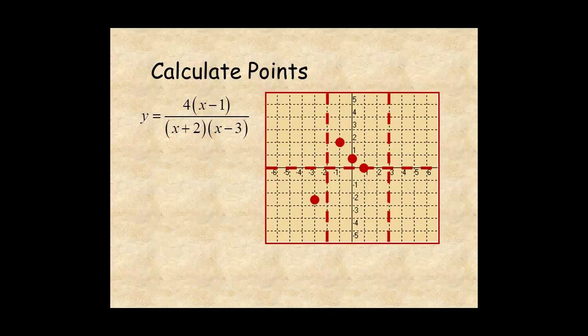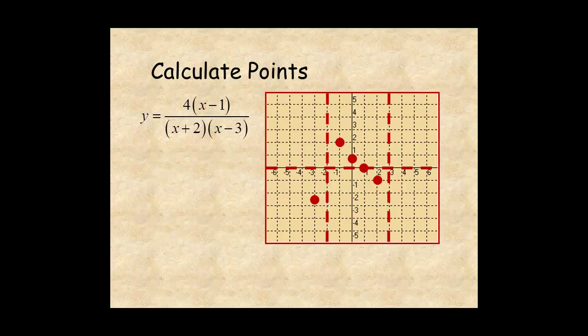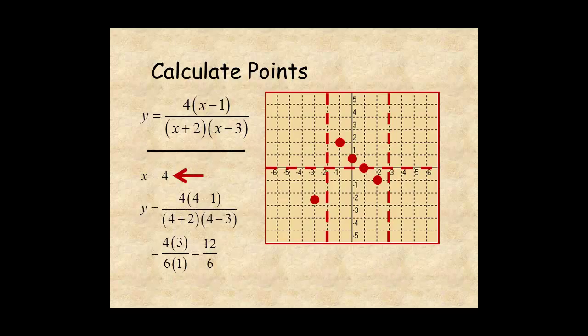For x = 2, y = 4/-4, and there's a point at (2, -1). For x = 4, y = 12/6, and there's a point at (4, 2).